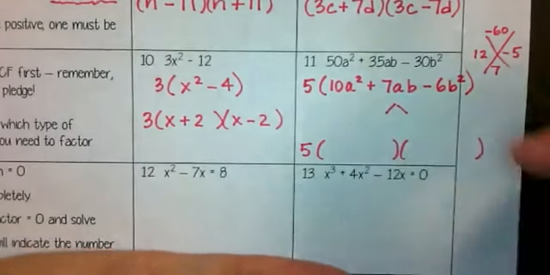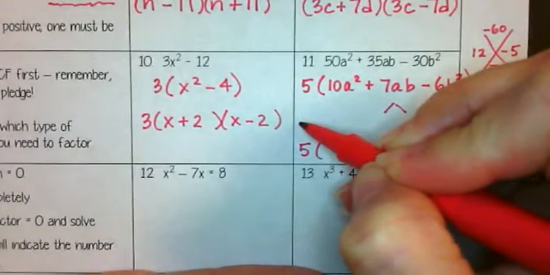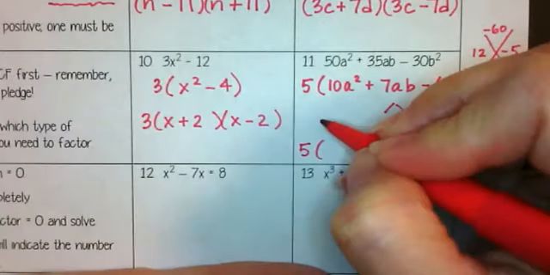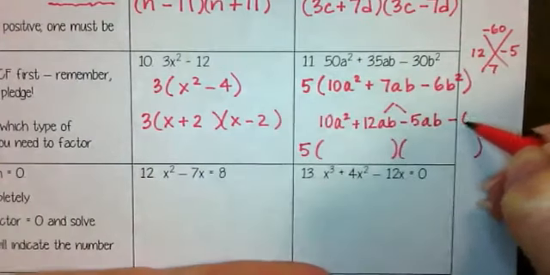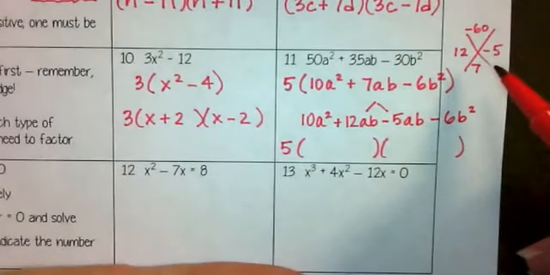So we have the GCF of 5 out there, so we don't want to forget that, but I'm going to rewrite this as 10a squared plus 12ab minus 5ab minus 6b squared. So we had our factors of 12 and negative 5, so I split the 7ab into 12ab and negative 5ab.